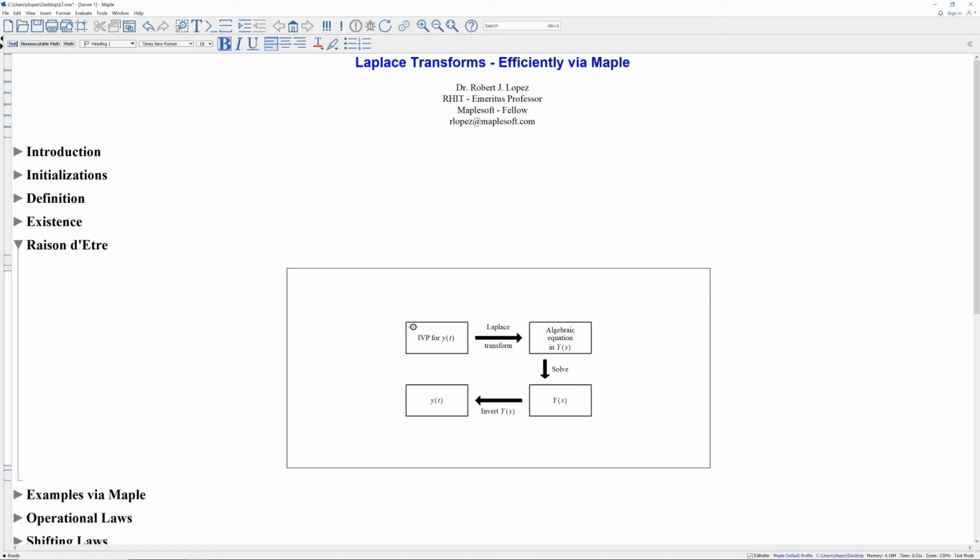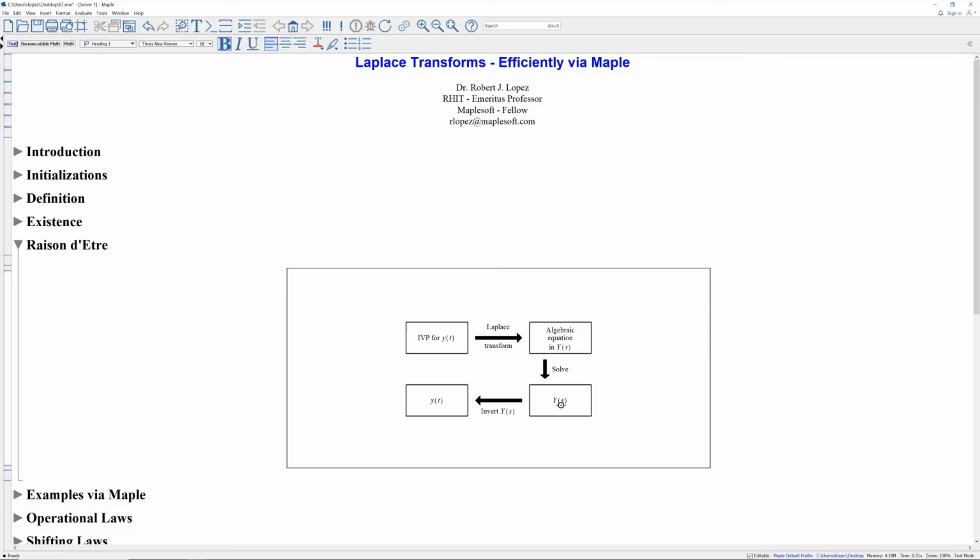You take the Laplace transform of this initial value problem, and it gives rise to an algebraic equation in the transform. You solve algebraically, and you end up with the transform equals. You then have to invert that, bring that back to the time domain, because in an initial value problem t is most likely time. So this is the solution process.